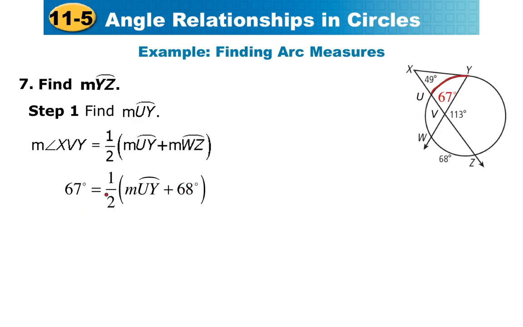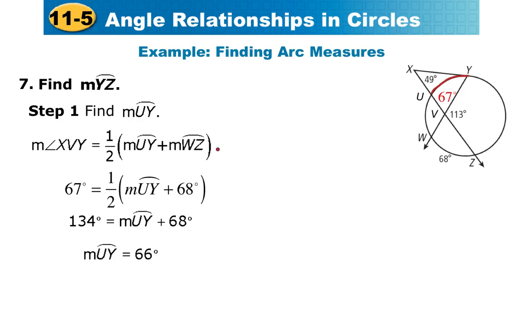At this point, I want to solve for the measurement of arc UY. So to get rid of this fraction, I'm going to multiply both sides by 2. You should be able to see that I get 134 equals the measurement of arc UY plus 68. To solve for arc UY, take away 68 from 134, and that's how we get 66.